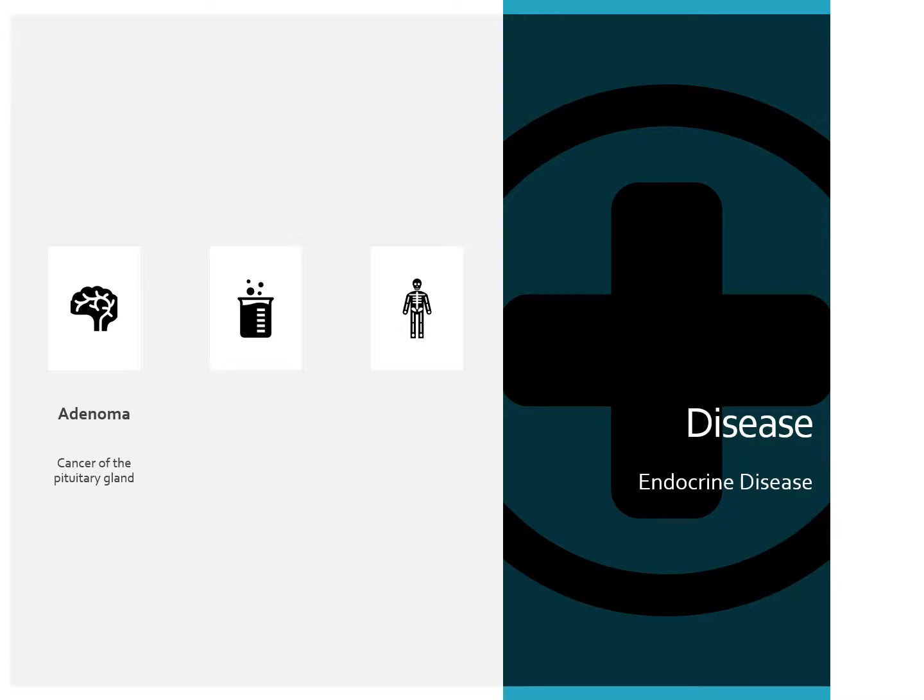If it's in the pituitary gland, then it's called Cushing's disease. And where it's an adenoma, it is an increase of ACTH, which is an activation of the HPA axis far more than it should normally be activated.